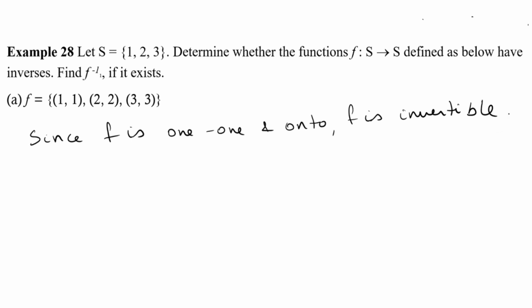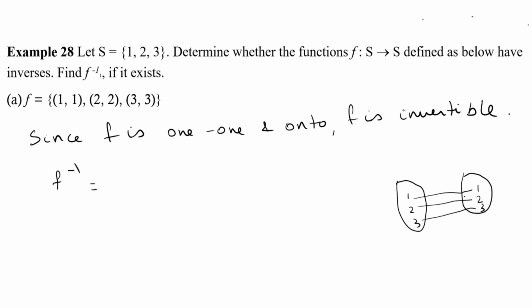And f inverse is given by: here we can see that we have two sets 1, 2, 3, 1, 2, 3. Here 1 is mapped to 1, 2 is mapped to 2, and 3 is mapped to 3.